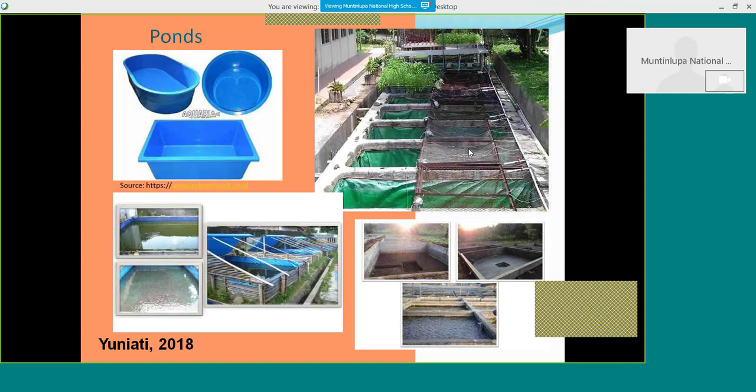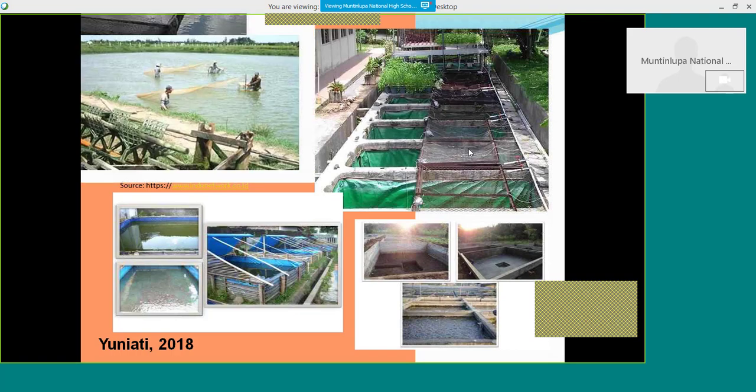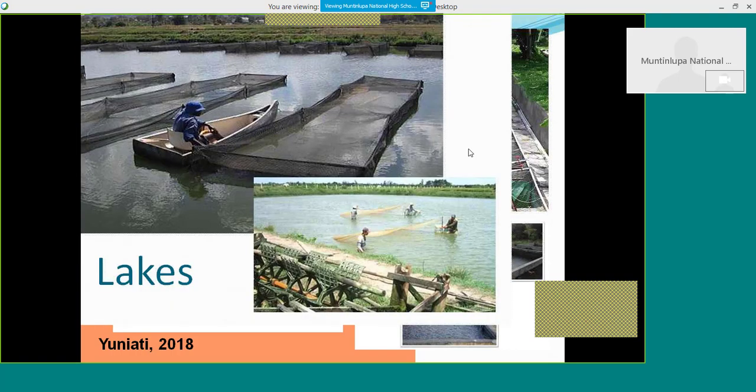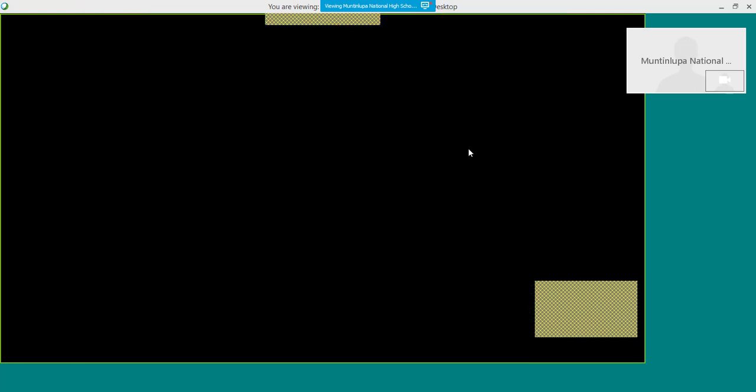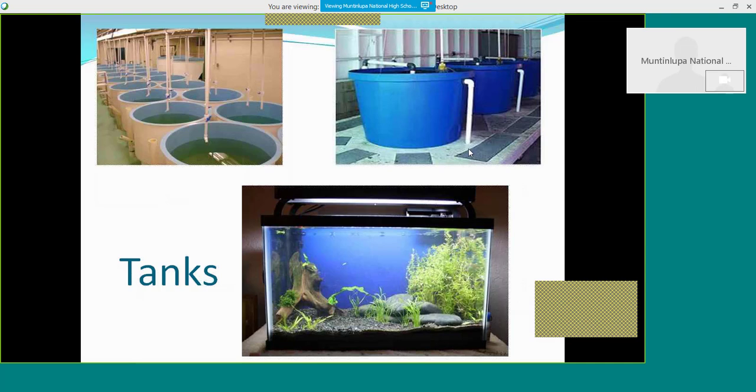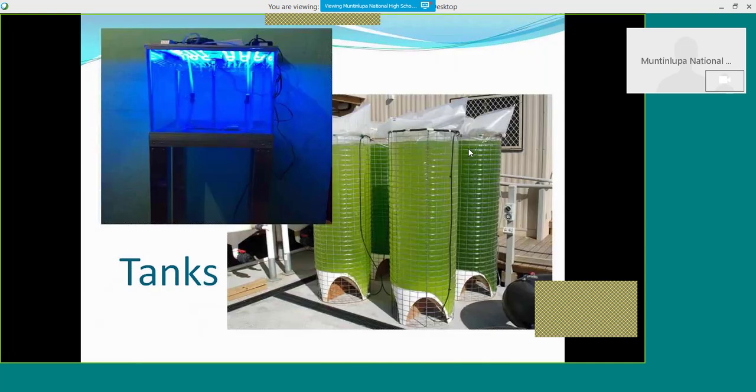Aquaculture sites. Examples: we have the ponds, wherein we can see the artificial or man-made ponds. We have the lakes, and tanks.